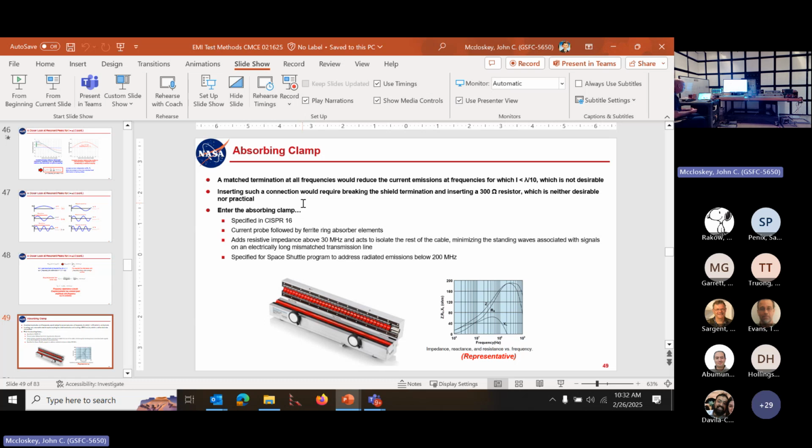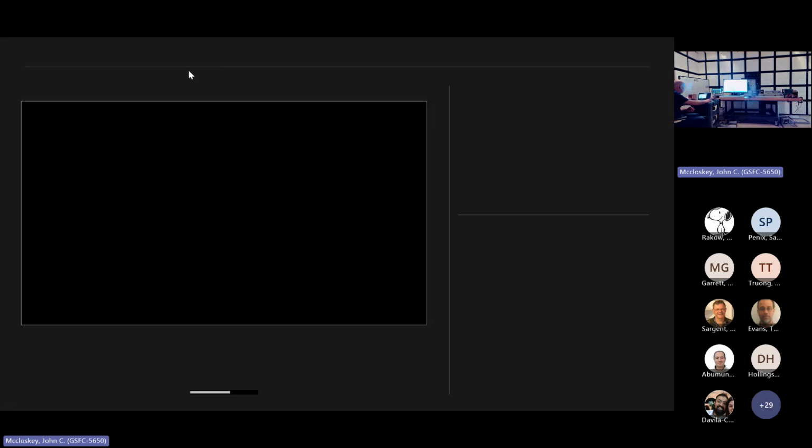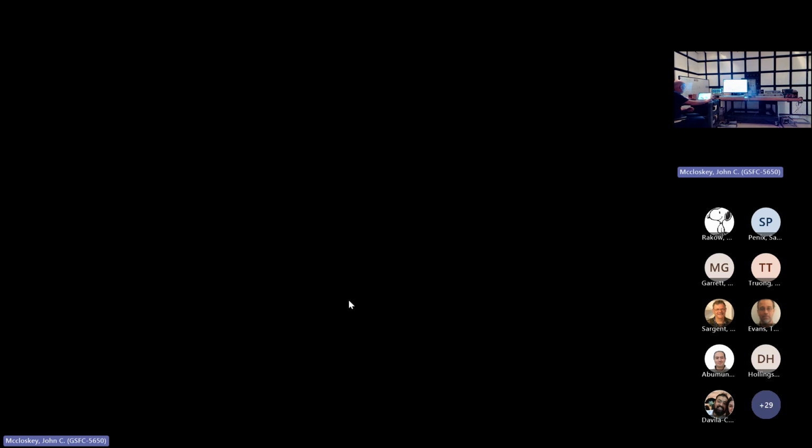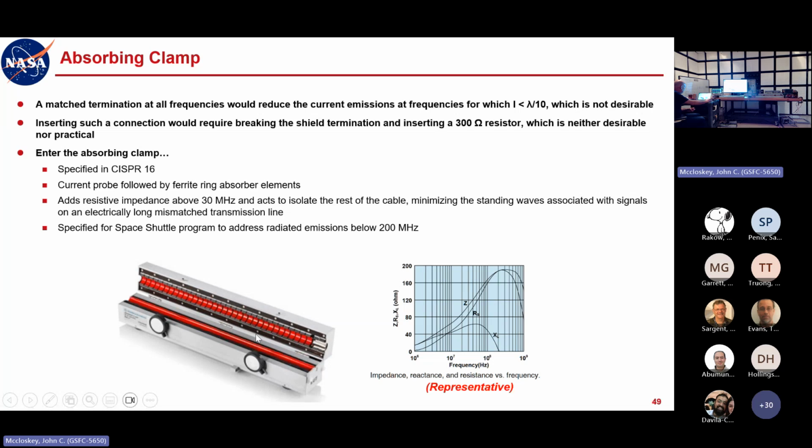So another option, I don't know if I'd say the next best thing, is this absorbing clamp, which is a device that's been used in CISPR 16 based testing, which I am less familiar with. It's a current probe followed by a series of ferrite elements, basically inserting an impedance in line.